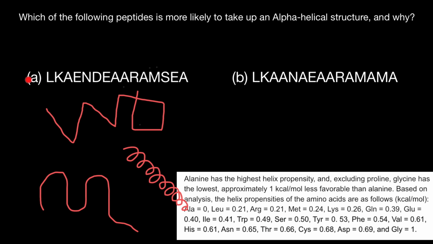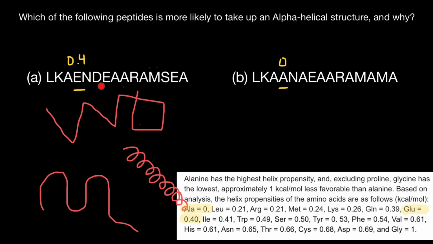But in polypeptide A, amino acid number 4 is E, and amino acid number 4 in this polypeptide chain is A. E stands for glutamic acid and A stands for alanine. As you see, alanine has 0 propensity and glutamic acid, according to our table, has 0.4. Let's put 0.4 on top of this E, and 0 on top of this A. So far, these two chains differ in this amino acid.